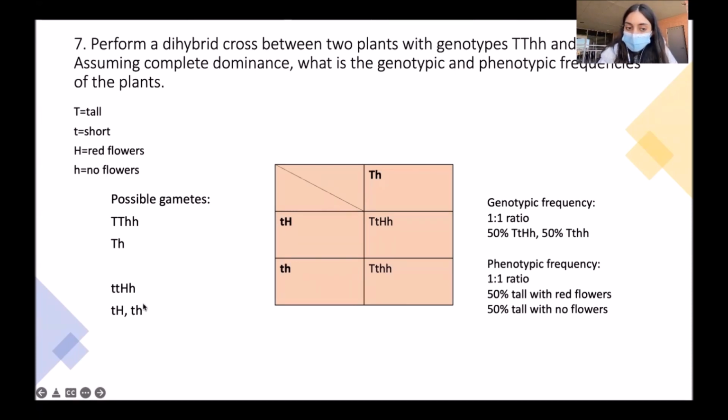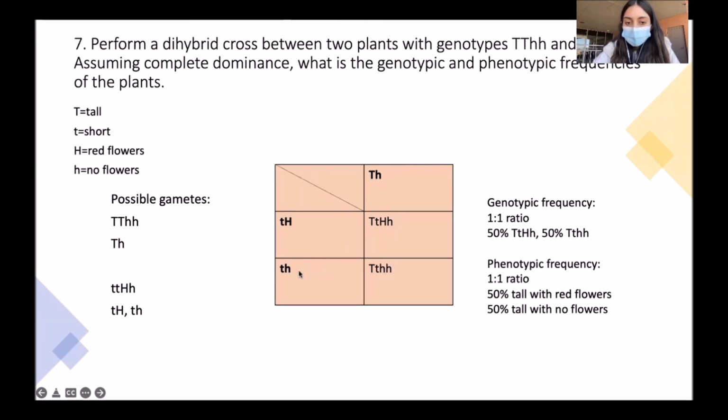So now we're going to try crossing them. We're going to put this up here, this here and this one here. So when we cross them, we're going to see big T, little t, big H, little h. So this is 1. And then we have big T, little t, little h.